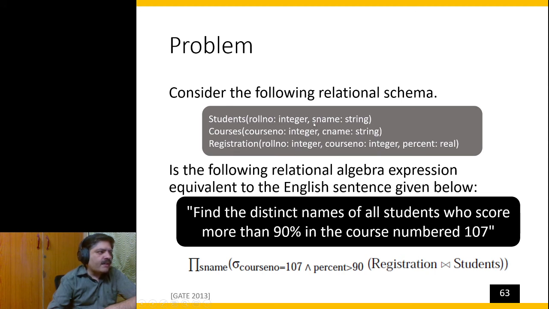So now I have a way to figure out the student name who has scored more than 90% in a particular course. So that's the predicate course number equals 107 and percentage greater than 90. Now I can project only the student name from this result, and thus I could get all the distinct names whose score is more than 90% in 107 course.